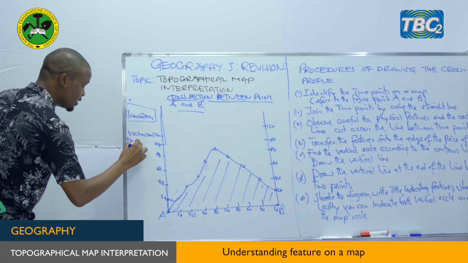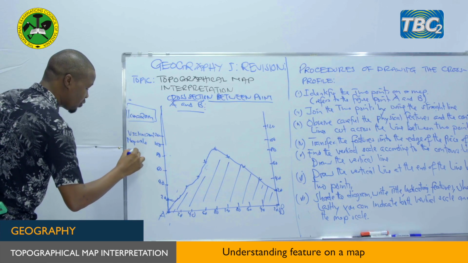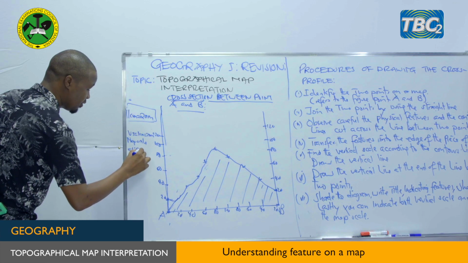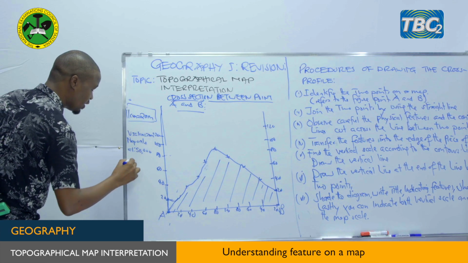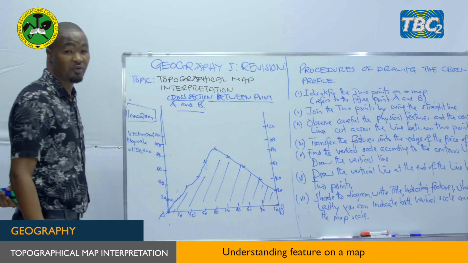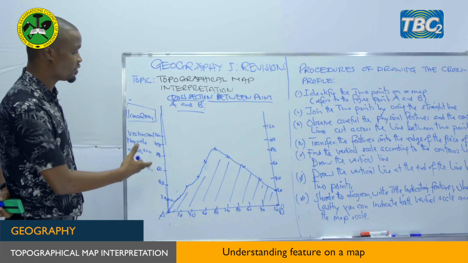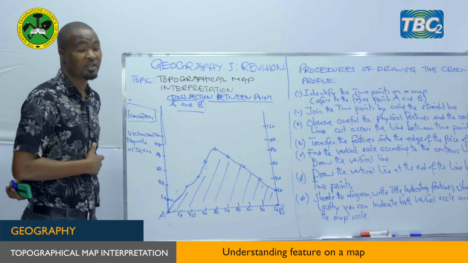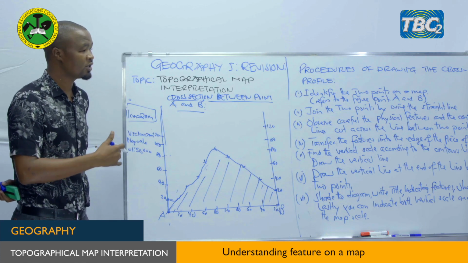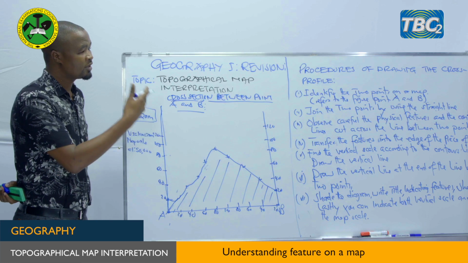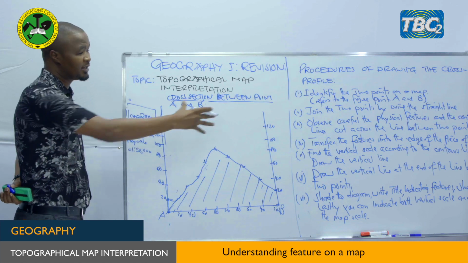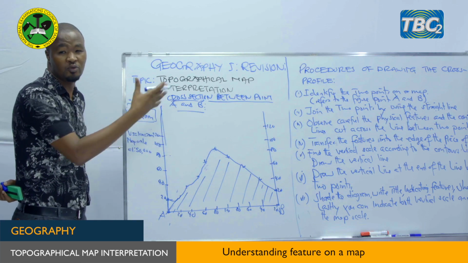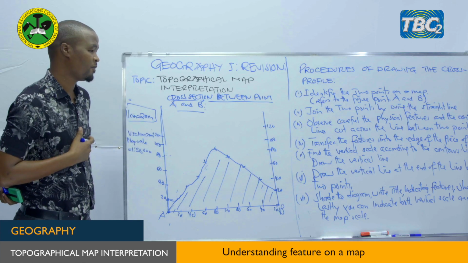The map scale is always given, so it can be anywhere on your map. This is how to draw the simple cross profile, either annotated or simple. This is the common procedure on how to draw the cross-section.